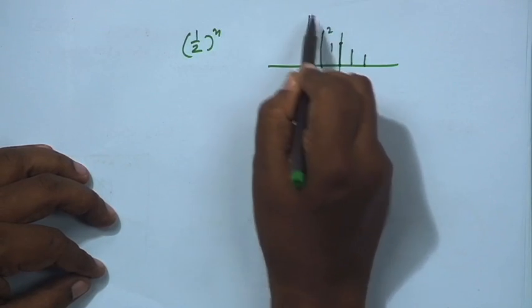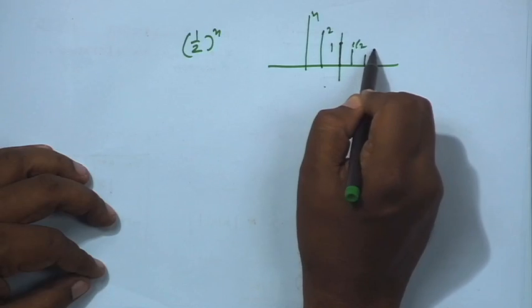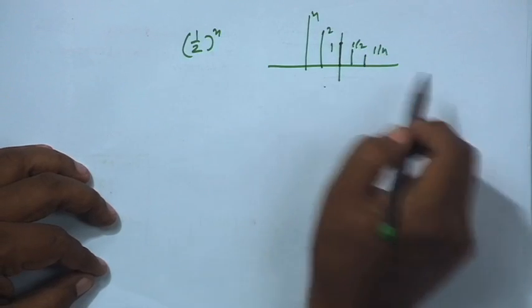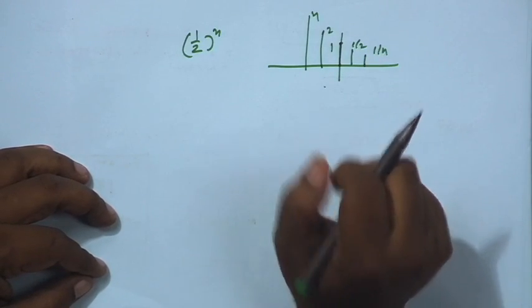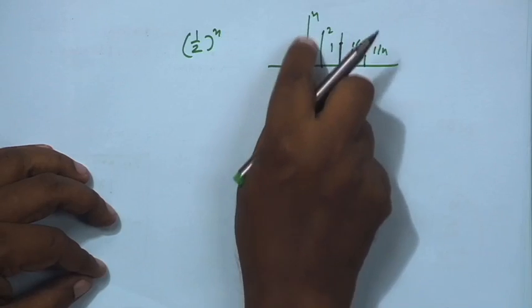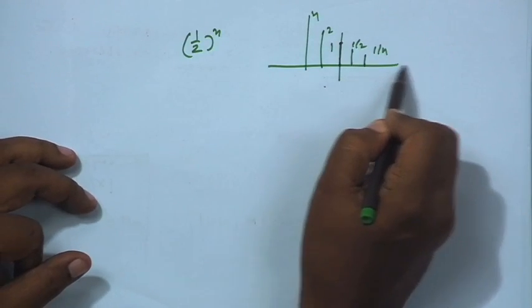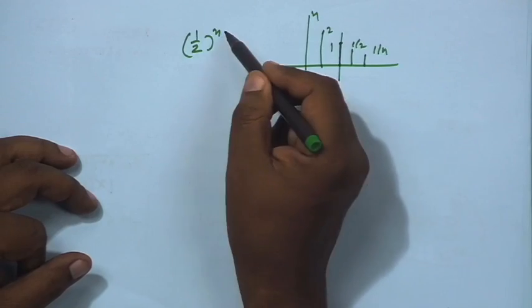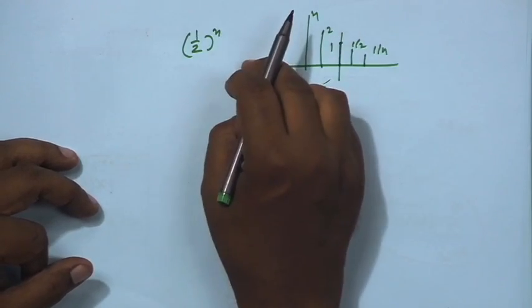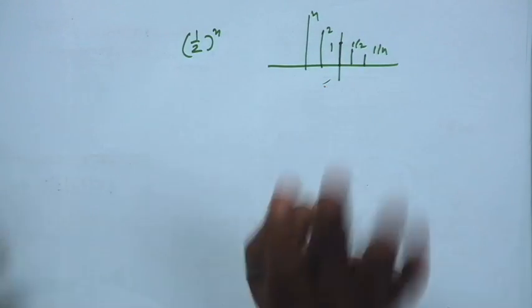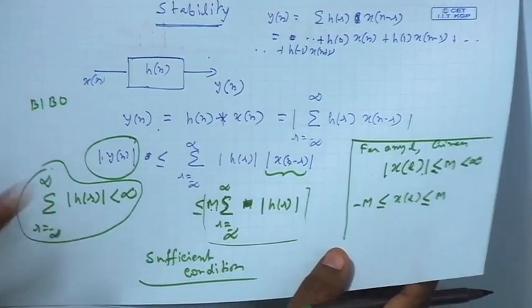All positive numbers, so mod is the same. It is dying out on this side, but growing on the left hand side. If you add all of them, the summation will diverge to infinity, which means this condition will not be satisfied. So it will not be BIBO stable.